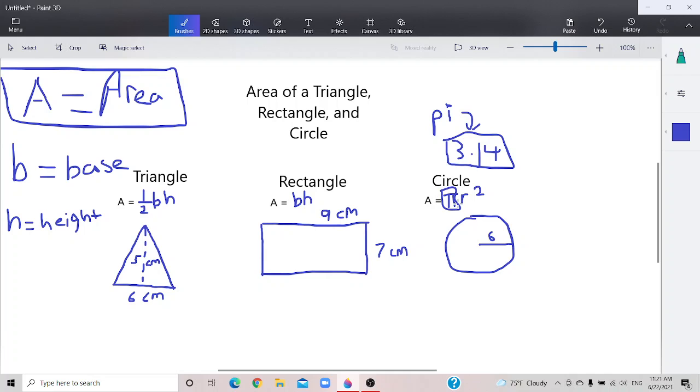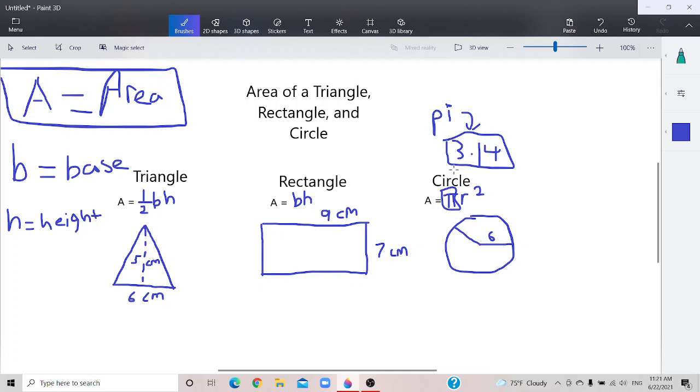And so R, what does R mean? So a circle has something called a radius. Because it is a perfect round shape, every point on the edge will be the same distance from the center.